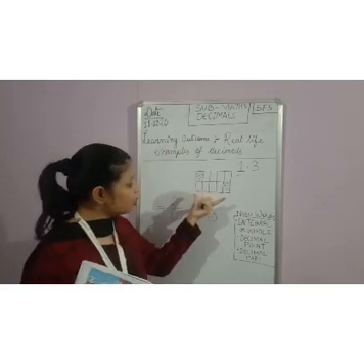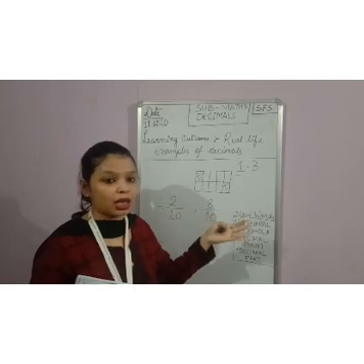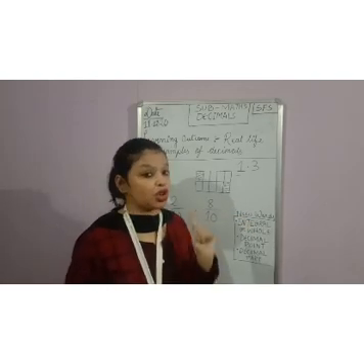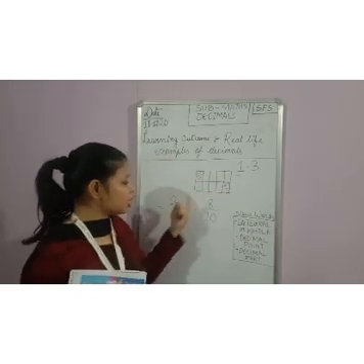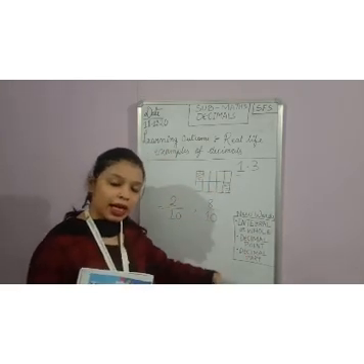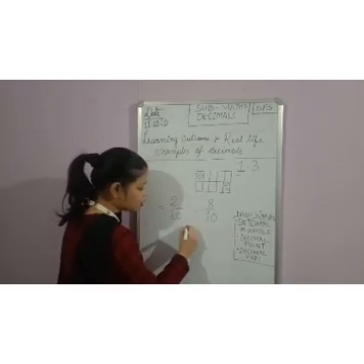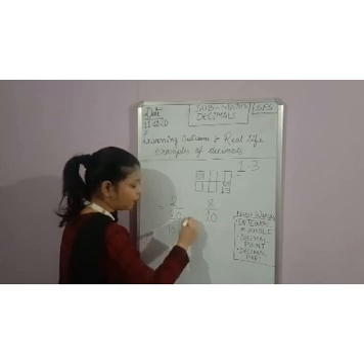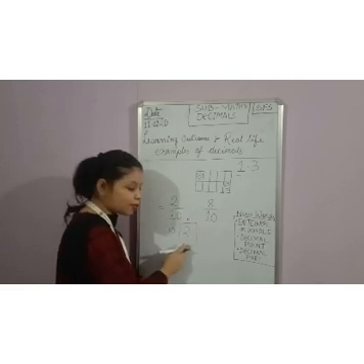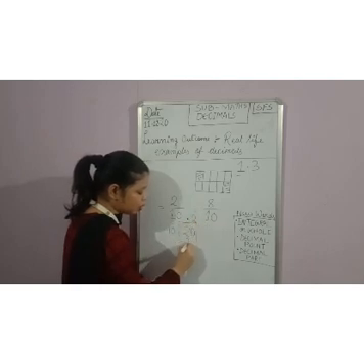Now, if I tell you to express the number for the shaded part in terms of decimal, not in fraction, how will you do that? First, you consider it in fraction, and then you convert into decimal. You divide 2 by 10. I'll put a decimal point here because 2 is smaller, then I'll get a 0. 10 into 2 is 20, it is exactly divisible.